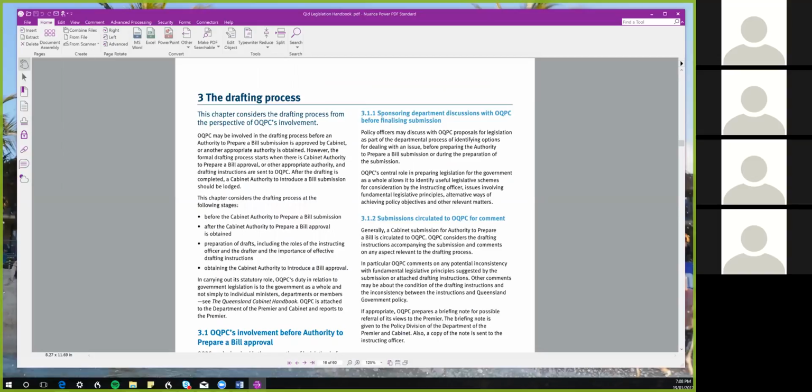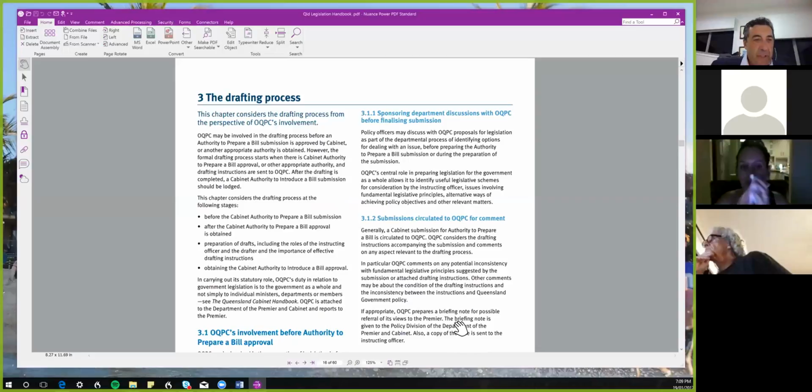So this chapter considers the drafting process from the perspective of the Office of Queensland Parliamentary Council's involvement. So that office may be involved in the drafting process before an authority to prepare a bill submission is approved by Cabinet. However, the formal drafting process occurs when Cabinet authority to prepare the bill is approved and drafting instructions are sent through to the Office of the Queensland Parliamentary Council.